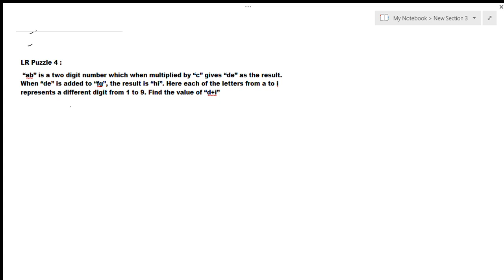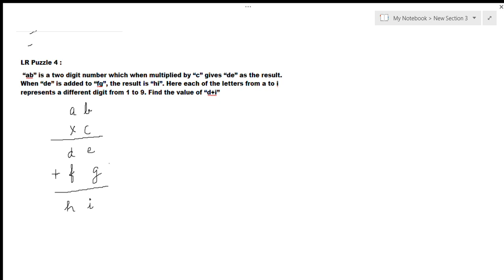I'll write it down. AB, a two-digit number, when multiplied by C gives DE as the result. So, AB into C gives DE. When this result DE is added to another two-digit number FG, the result is HI.